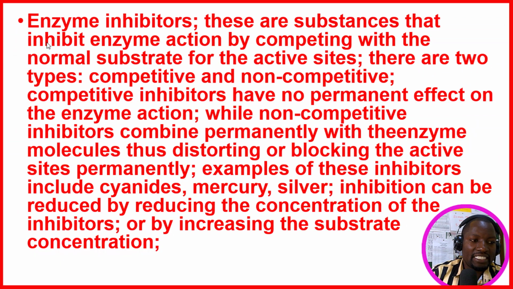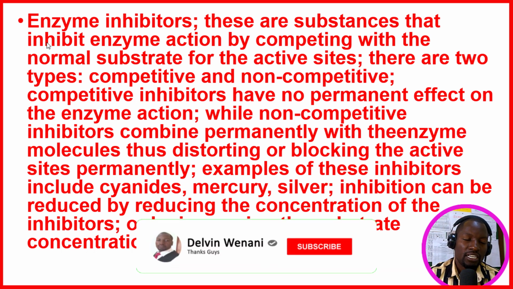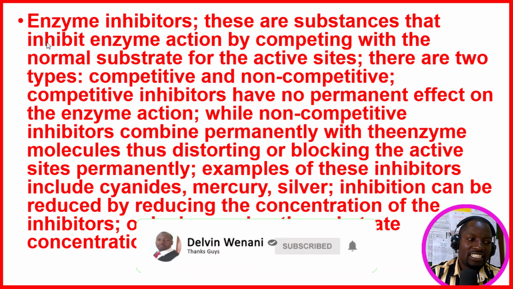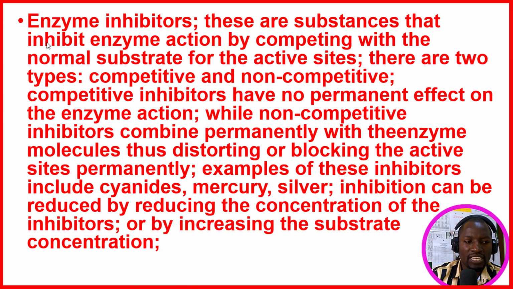Enzyme inhibitors. Now, these are substances that inhibit enzymes' action by competing with normal substrate for active sites. Now, there are two types. One is known as competitive, and the other one is known as non-competitive.